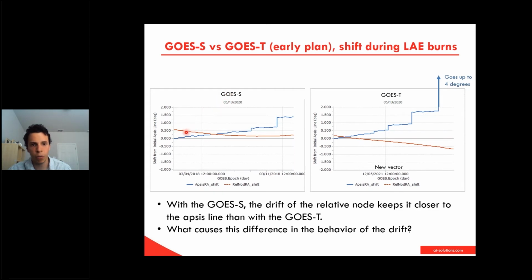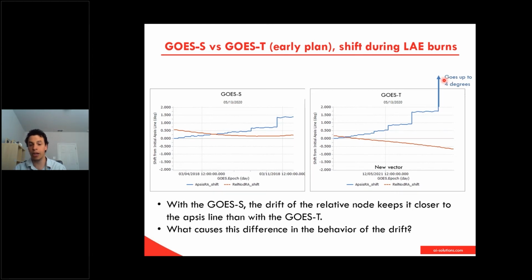For GOES-S, both drifted in such a way that they were still close by the end of the sequence. However, for GOES-T, they tended to drift apart and apart until the apogee was about 4 degrees away.